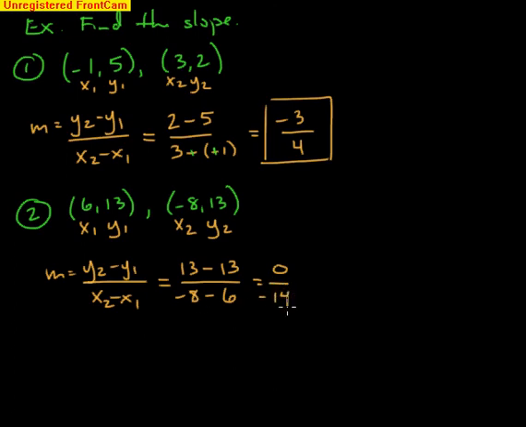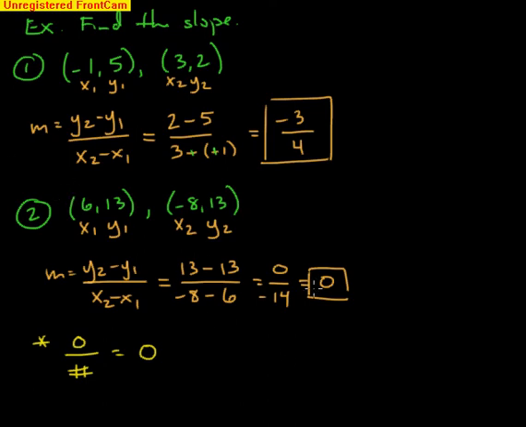Negative 8 minus 6 is negative 14. 0 over negative 14. If the top is 0, zero over any number comes out to be 0. Remember this. 0 over any number comes out to be 0. So the slope here is 0.